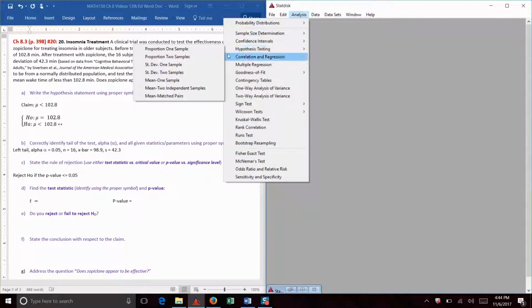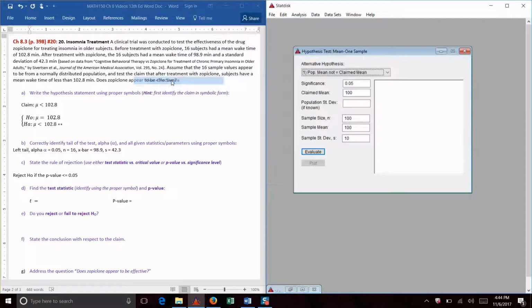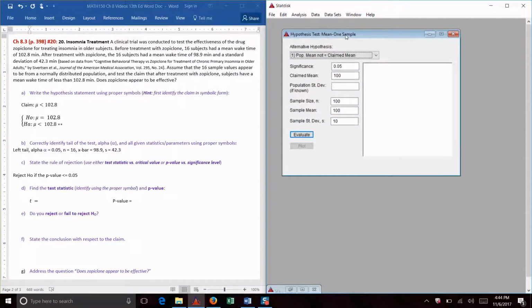And if you weren't sure about that, no big deal, because we're about to see, when we go over to hypothesis testing mean one sample in StatDisk, when we start entering our information: our alternate hypothesis, population mean less than the claim mean, and our claim mean is the number in the claim, 102.8. Since we don't know the population standard deviation, StatDisk is going to tell us which distribution we were using.